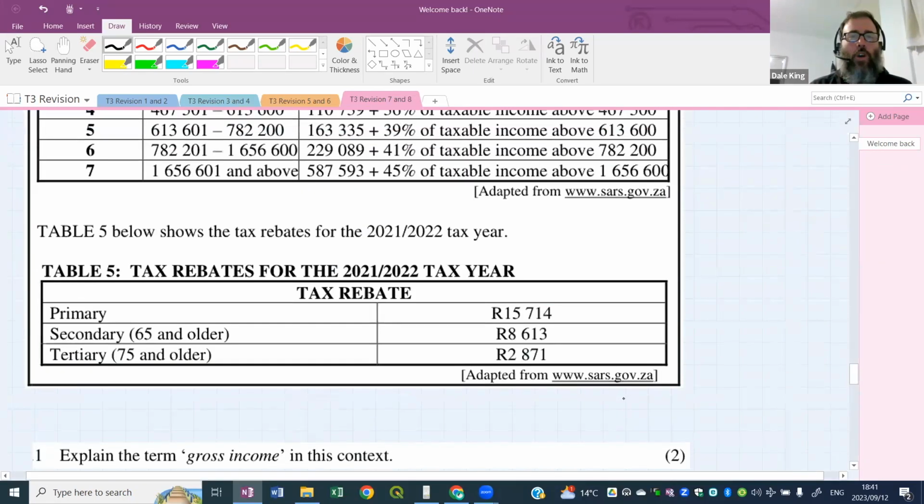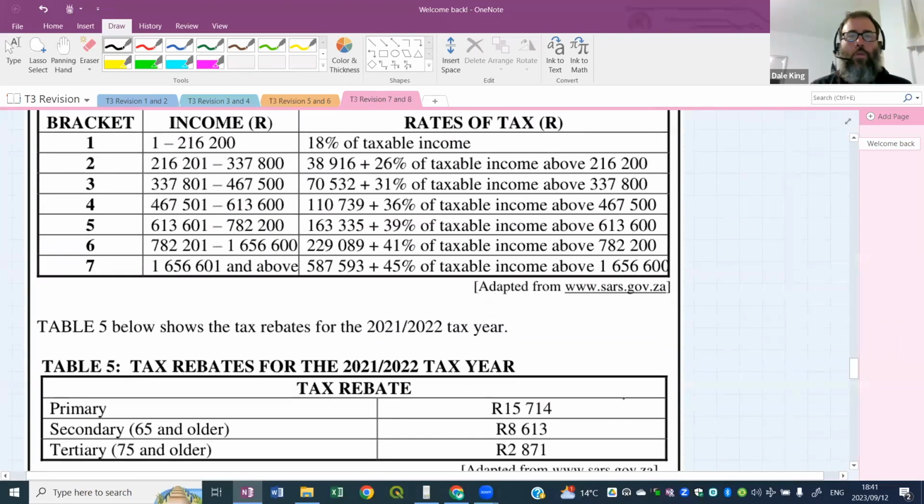Guys, I'm going to give you a few minutes to try this one. I'll write the value here on the side, 151,100 Rand in a year. That's their income. This person will pay no tax.